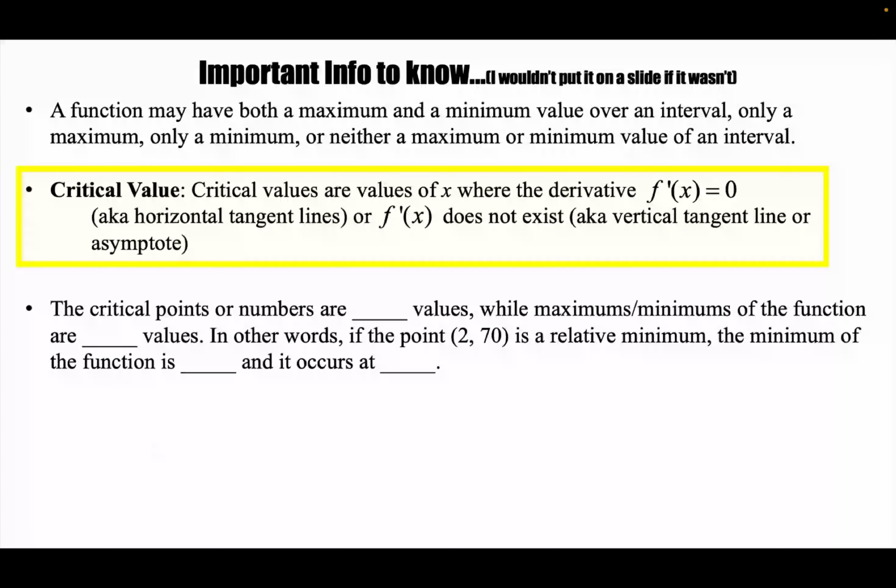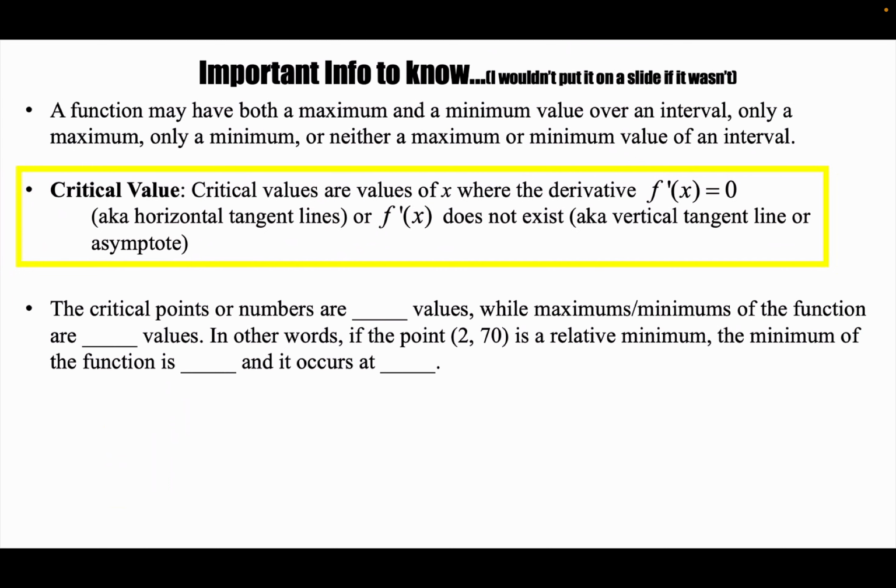So what to know? These are the big boys. We just talked about it. A function may have both a maximum and minimum value over an interval. Sometimes it'll only have a maximum. Sometimes it'll only have a minimum. And sometimes it won't have either.